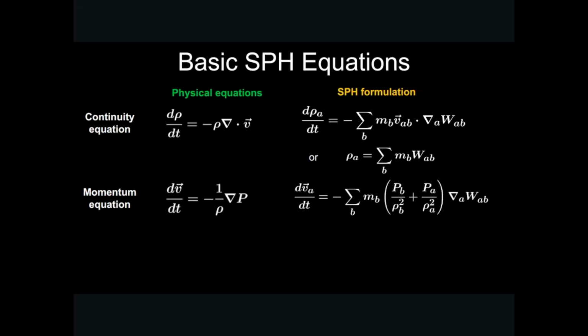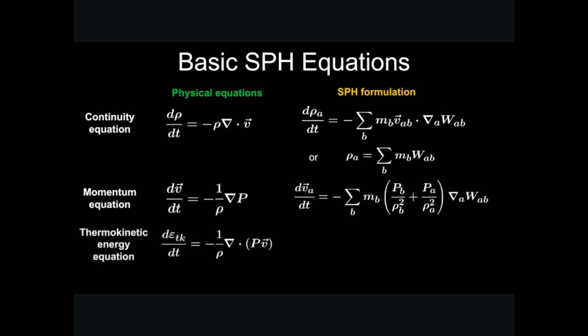That's why you need these kinds of symmetric terms in the equations that you can see there in terms of the subscripts, because without them, as in the very first formulation of SPH, you're not able to conserve energy and momentum well. So you need them. They actually come out from the derivation from a Lagrangian function.